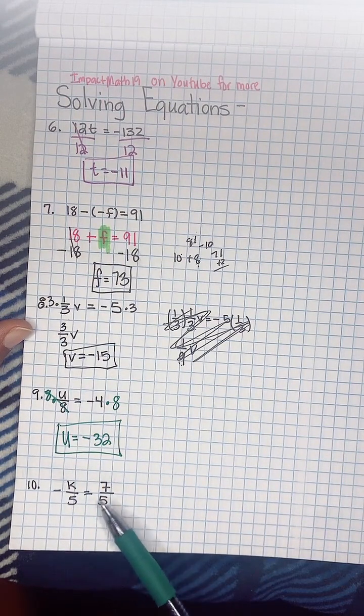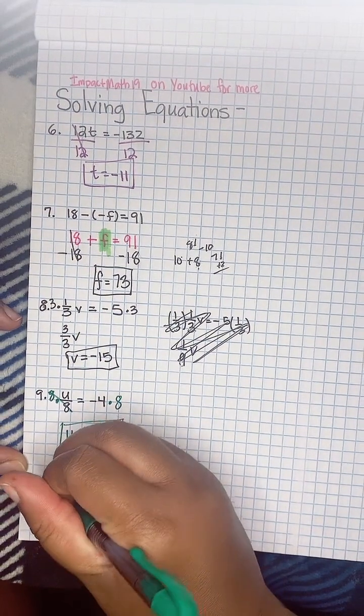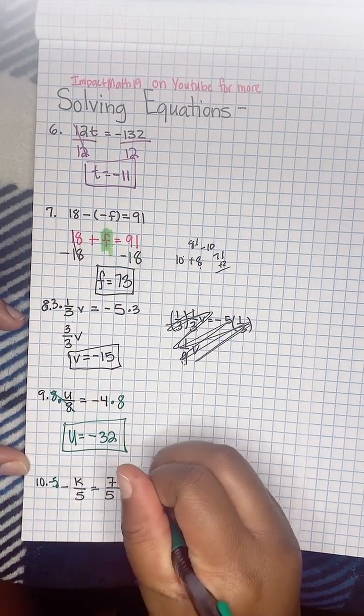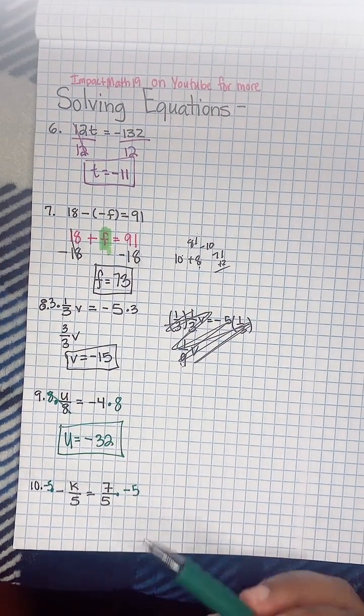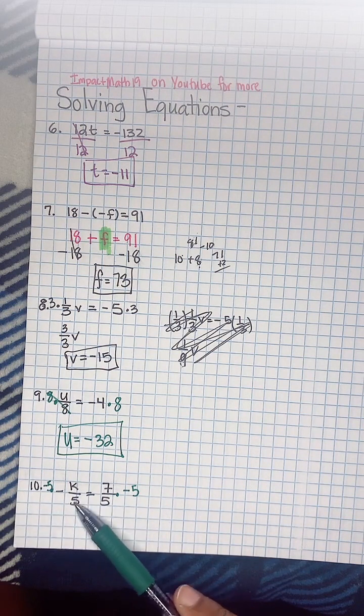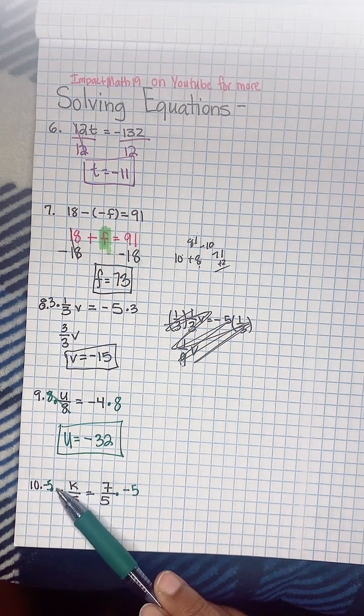Well, can't I multiply both sides by 5? So I can multiply by -5 and I can multiply by -5. Now, you might be asking yourself, wait, why are you multiplying by -5 when it's just a 5 down here? Well, because I want this negative gone.